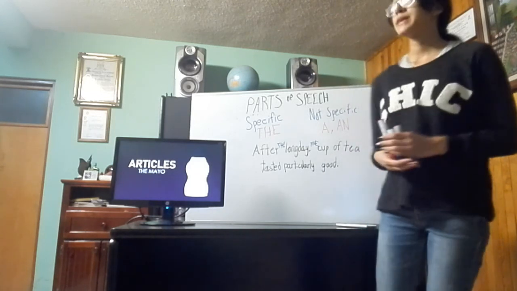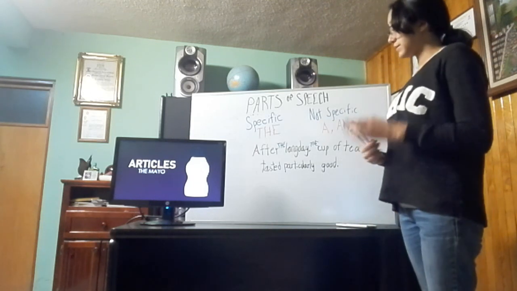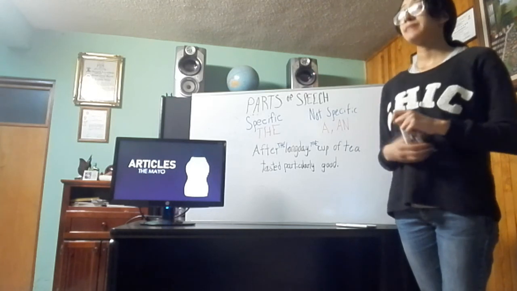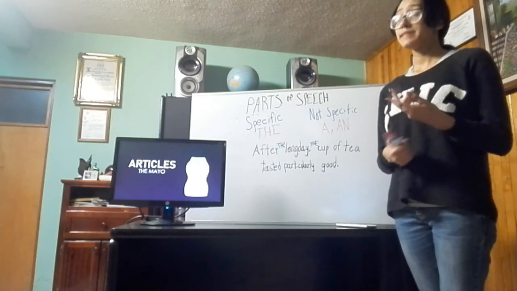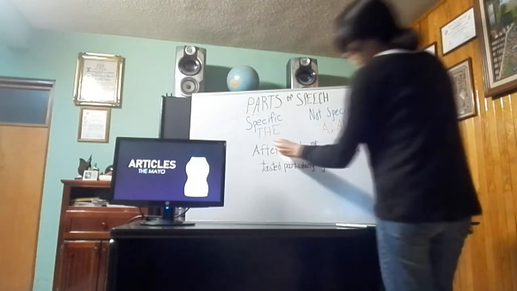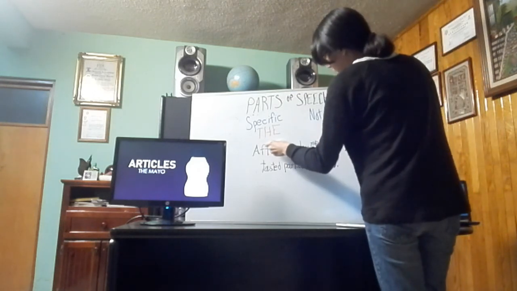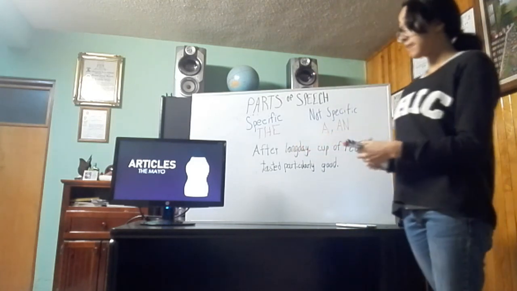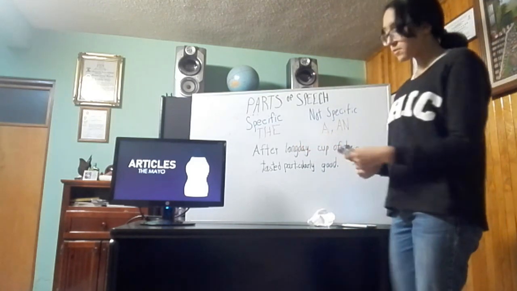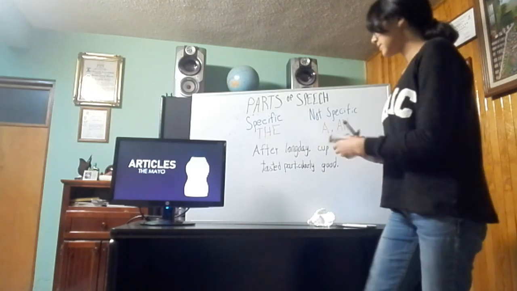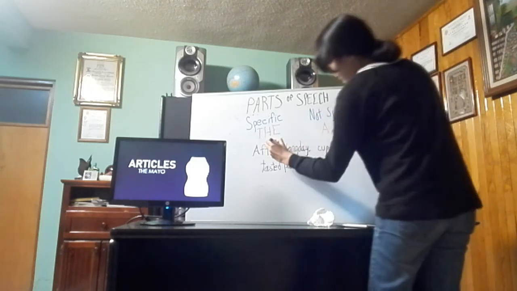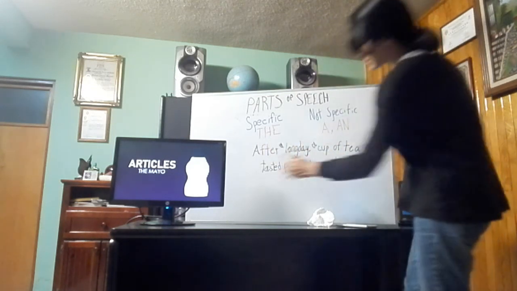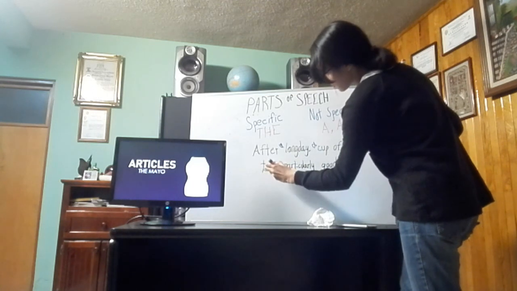This way we're using a specific thing, and we're referring to something that has a time, a place, and a way that it happened. When we talk about something non-specific, we use a and an. For example, it will be: after a long day, a cup of tea tastes partially good.